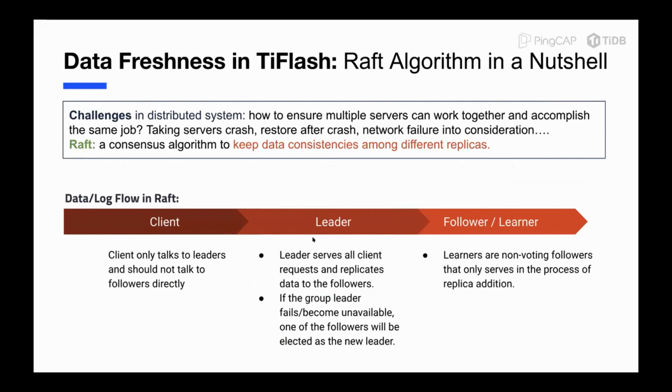The leader serves all clients' requests and broadcasts the data to the followers and learners. So TiFlash is a follower here. Oh, sorry, TiFlash is a Raft learner here. So data is sent to the follower and learner. And by the way, learners are non-voting followers. So that's how data freshness is maintained.